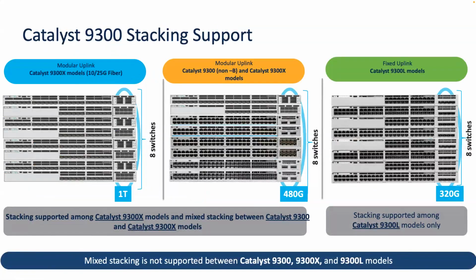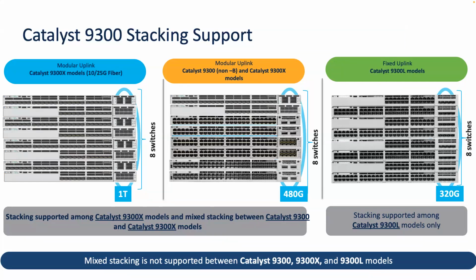Moving on, this is also about stacking. It's also possible to group 9300 switches of different series in a stack. You can put, for example, a standard 9300 and a 9300X in one stack, but the backplane capacity will adapt to 480 gigabit. Actually, that's the maximum number that the standard 9300 can support. Okay.